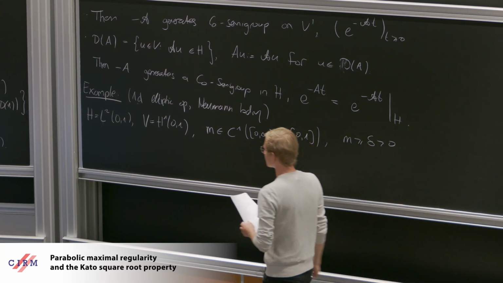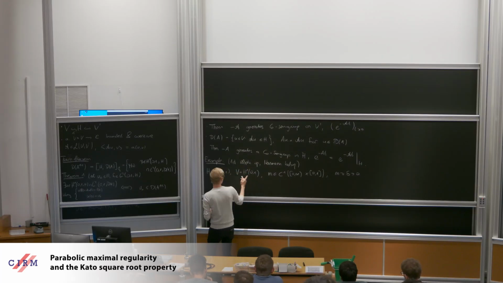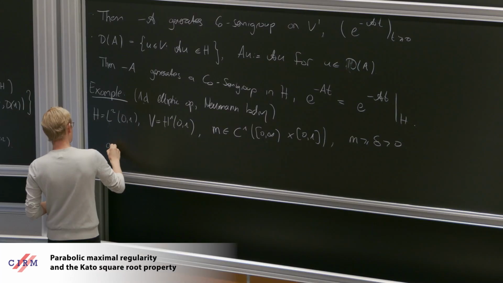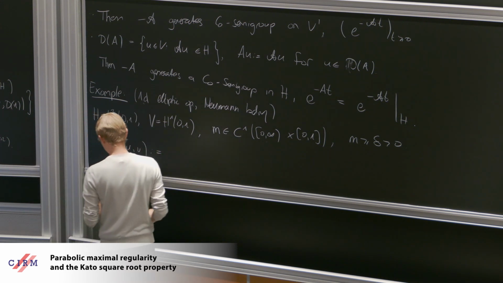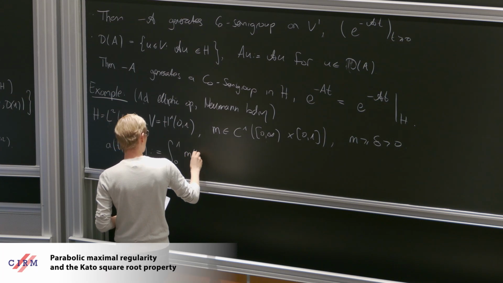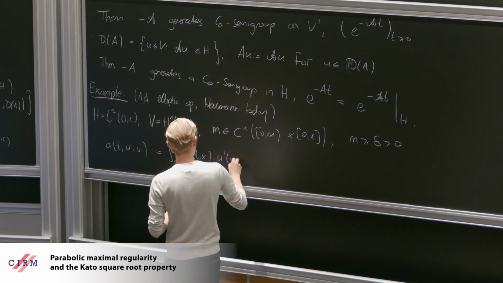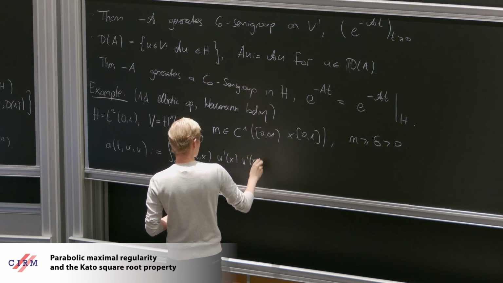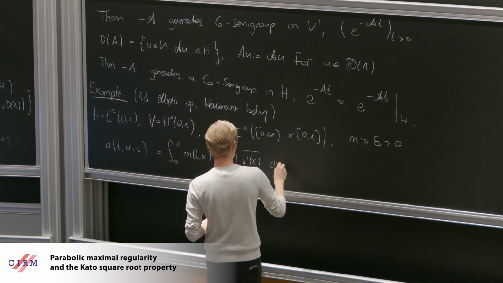And then we define a form in this sense, but now this form also depends on time, because the M depends on time. So a of t, u, and v will be defined as the integral from 0 to 1 of m of t, x, and then u prime of x, v prime of x, bar, if we take it complex valued, dx.